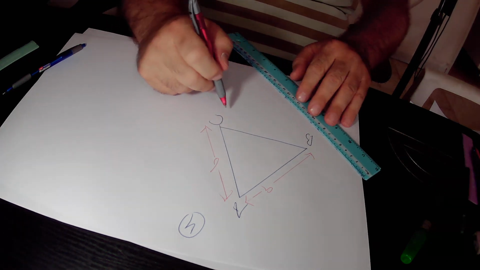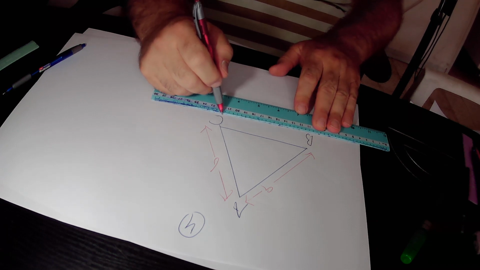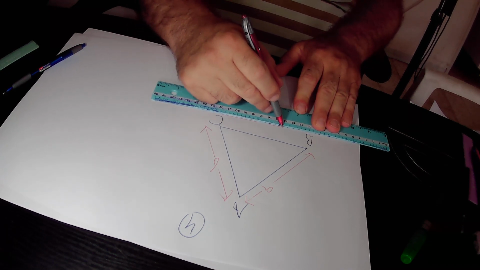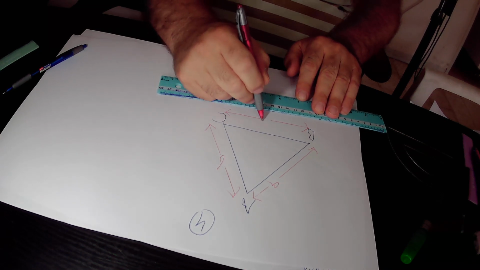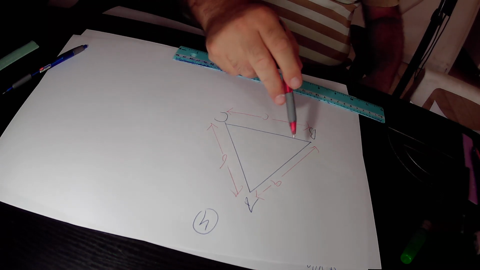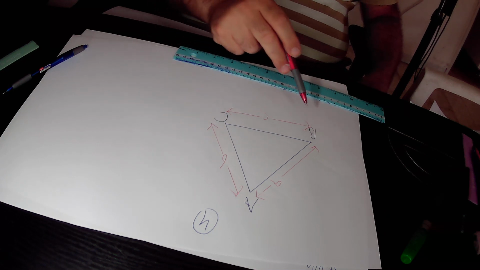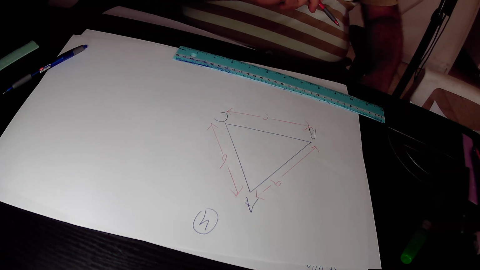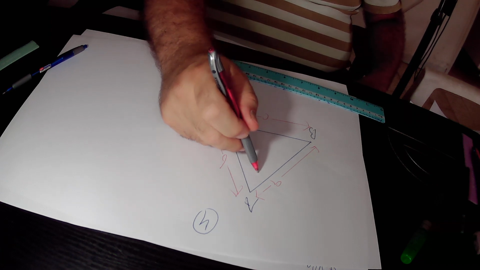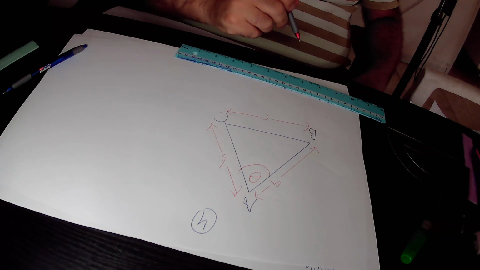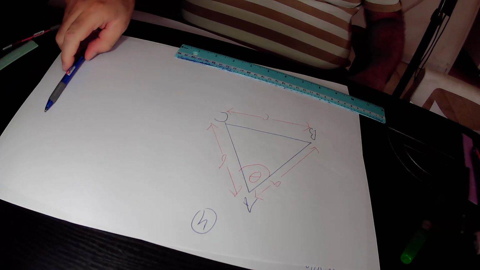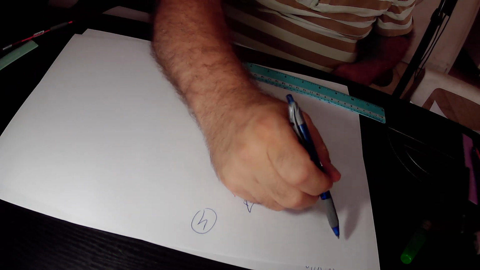And finally, this is side BC, and this side BC is equal to C units in its length. This is angle BAC, that is equal to theta. Okay. This is the law of cosines.